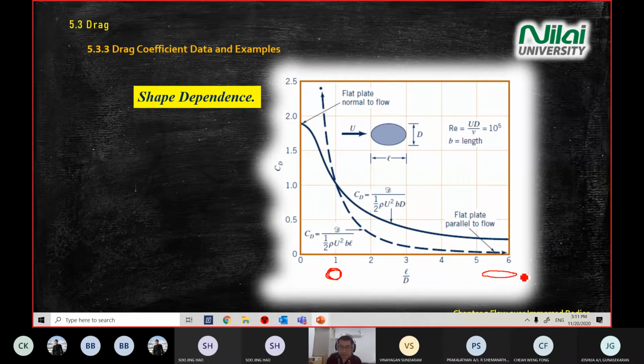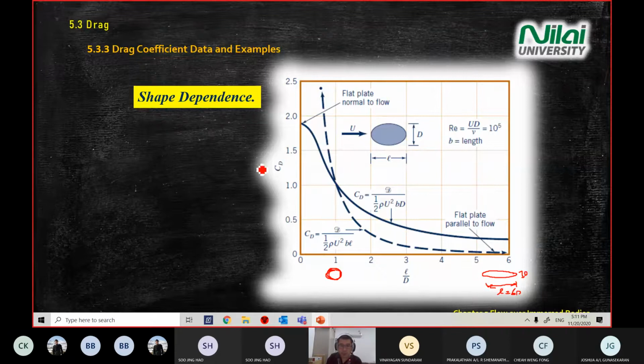This is D, this is your L. Your L is 6 times your D, so you become like this. As you increase the ratio of L over D, you change the shape of the object from a round circle to an airfoil shape like that.